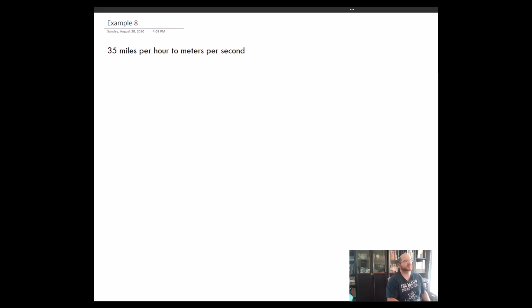Alright, in our next example, 35 miles per hour to meters per second. Now because of the per, the hour goes in the denominator. Alright, we're going to continue to convert with our ratios. We're going to pick one at a time. Alright, so miles.